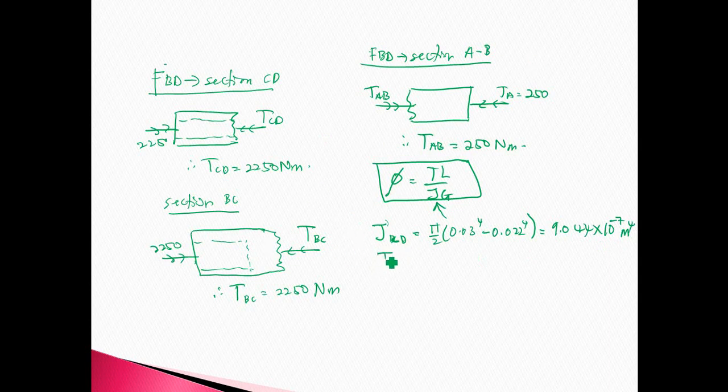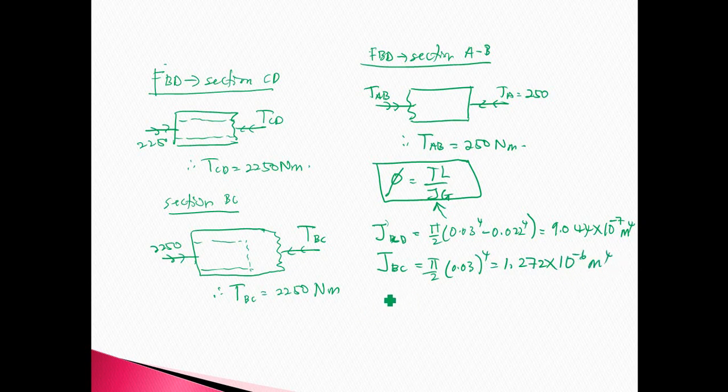For section BC, J equals pi over 2 times 0.03 to the power of 4, which is 1.272 times 10 to the minus 6 m to the power of 4.